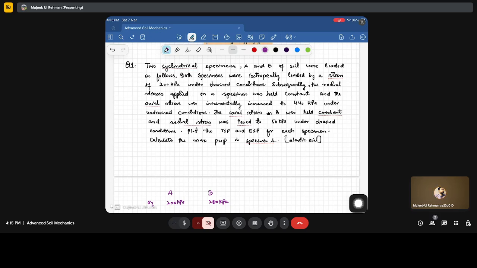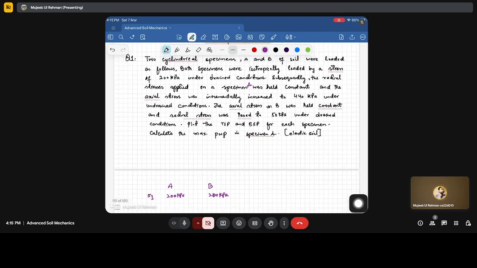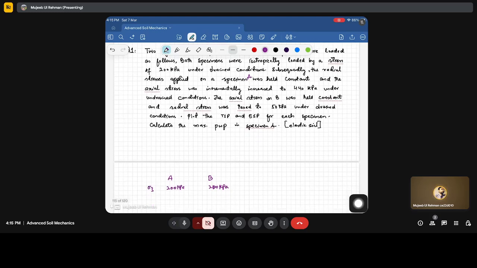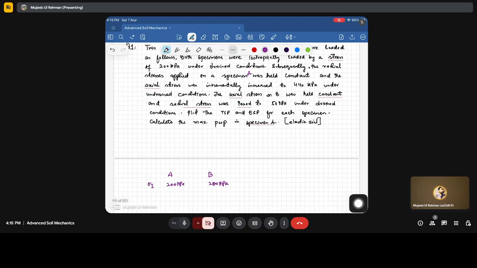After that, subsequently, the radial stress applied on specimen A was held constant, and the axial stress was incrementally increased to 440 kPa under drained conditions. So for specimen A, the radial stress is constant, so delta sigma 3 is equivalent to 0.